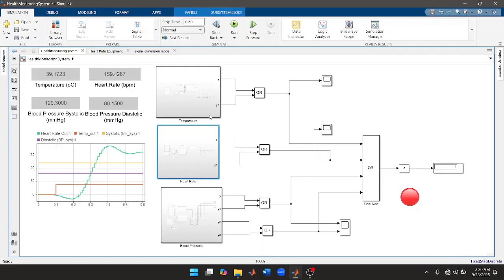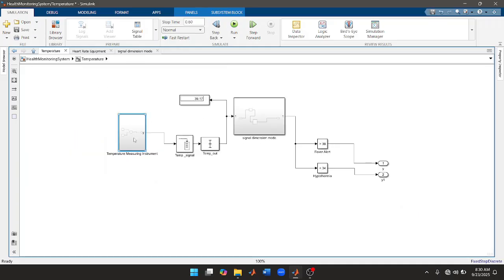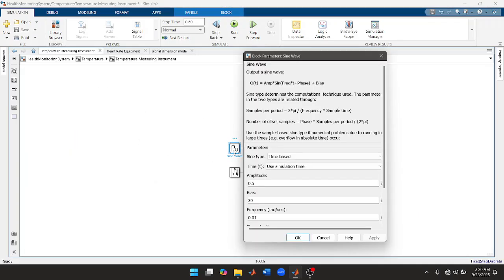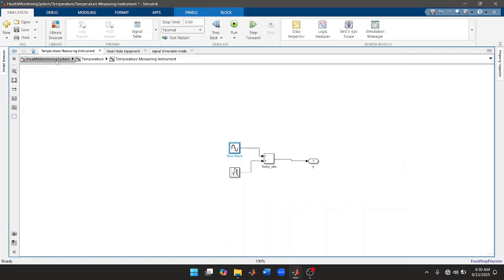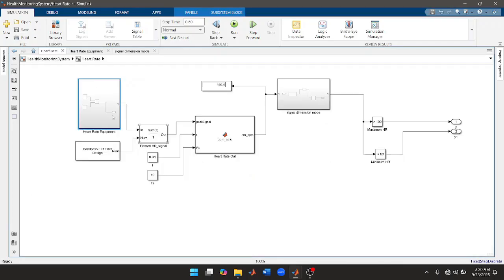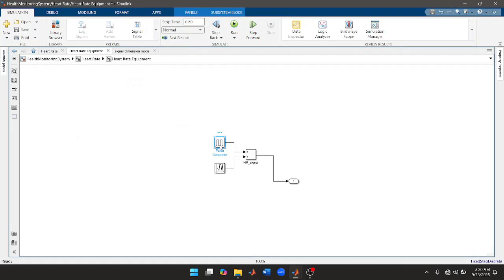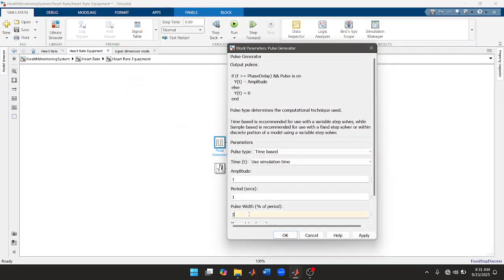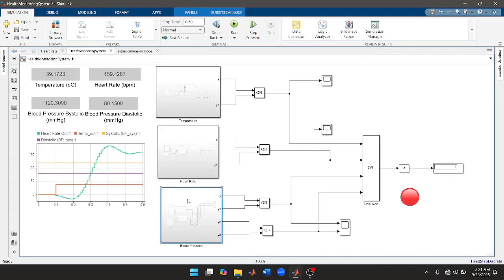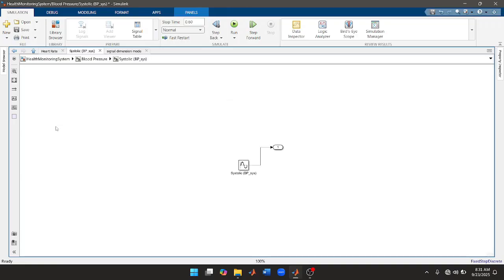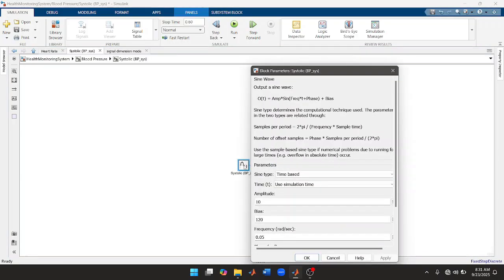Okay, so let's go back and take the temperature back to normal. And the heart rate, let's take it back to normal. And then we increase this. Now it's 120 for systolic.